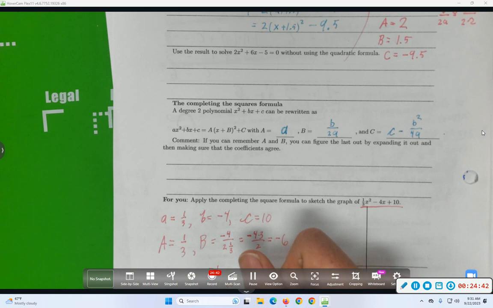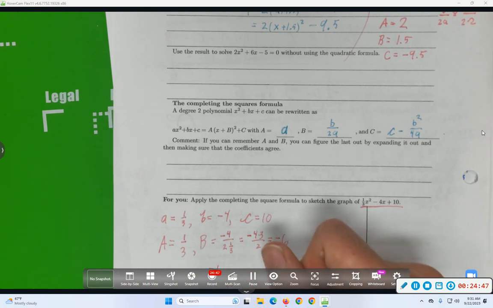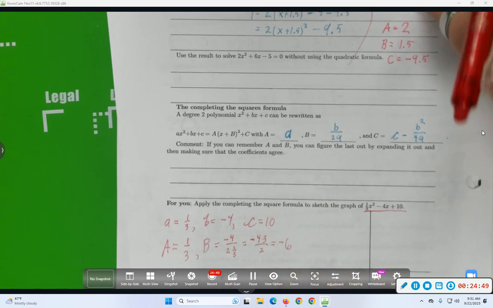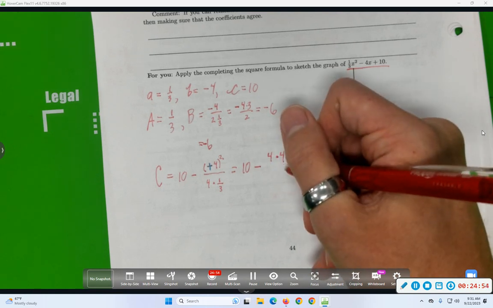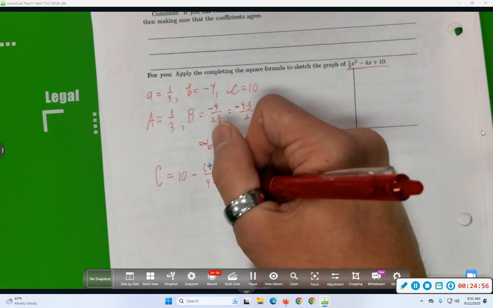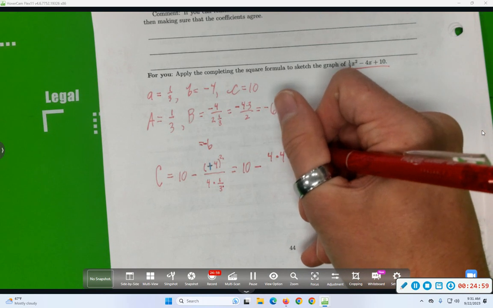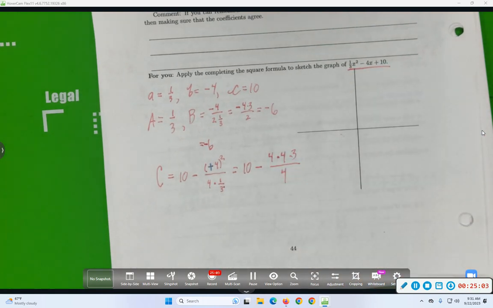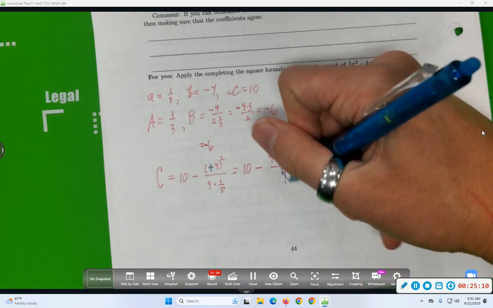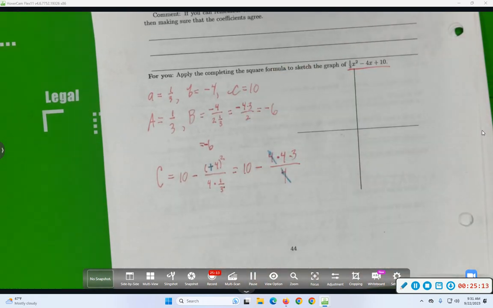And I guess we have to just do it. 10 minus... oh, yeah, sorry. You might know that 4 times 4 is 16, but I'll leave that alone because something will cancel. I'm dividing by a third, so I should multiply by an extra 3, and then divide by 4. Now is it clear why I didn't write out 4 times 4 is 16? Yeah, and it would not have been a disaster if I had. So it's 10 minus 4 times 3, which is -2.